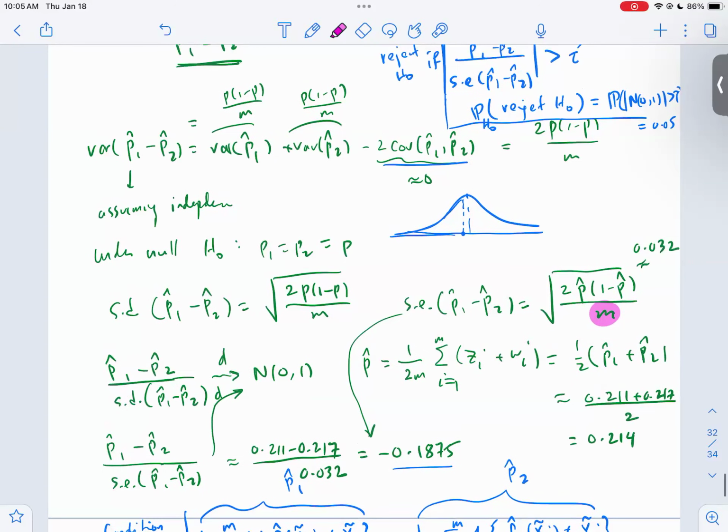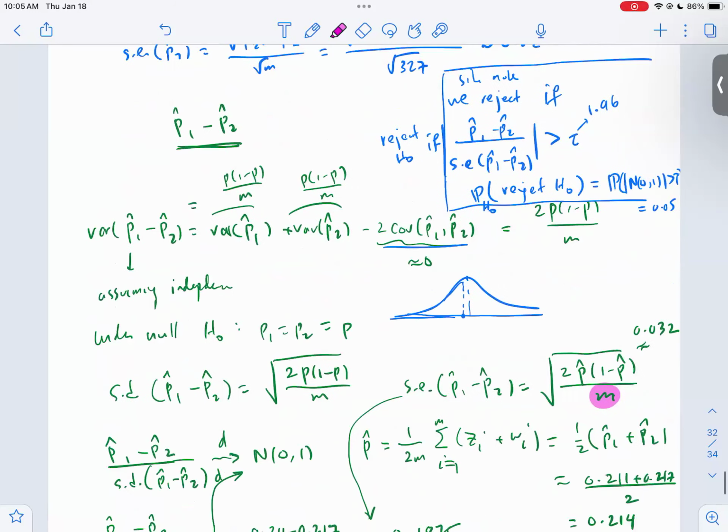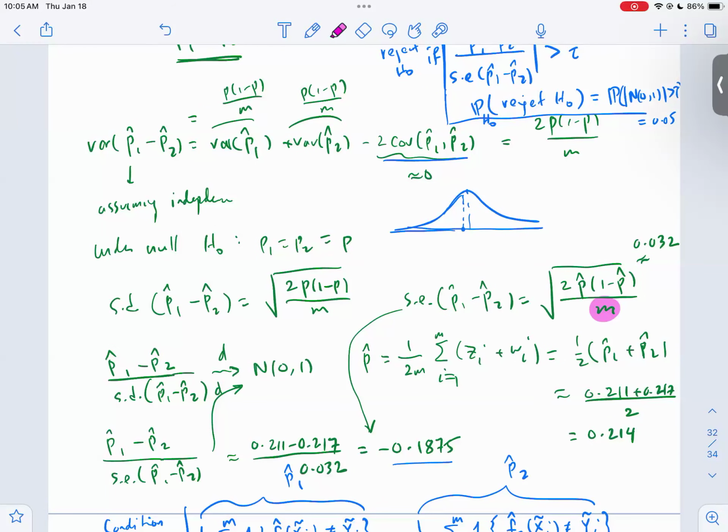Then you can work on getting your classifiers better. You want these intervals to be separated, or the difference to be very large. So when you divide it, you want the difference to be much bigger than this, say greater than 1.96 or smaller than negative 1.96.